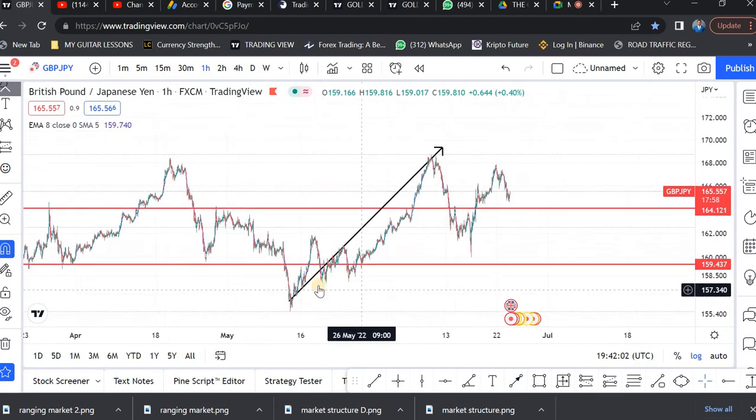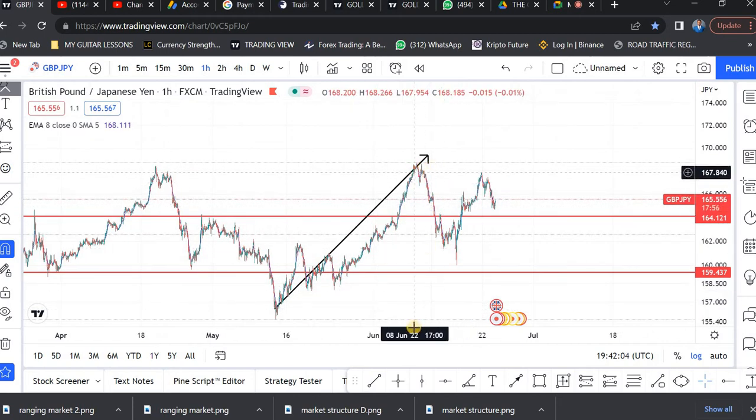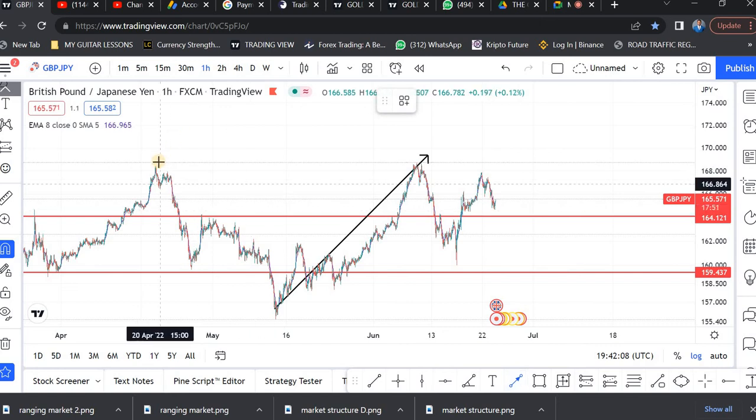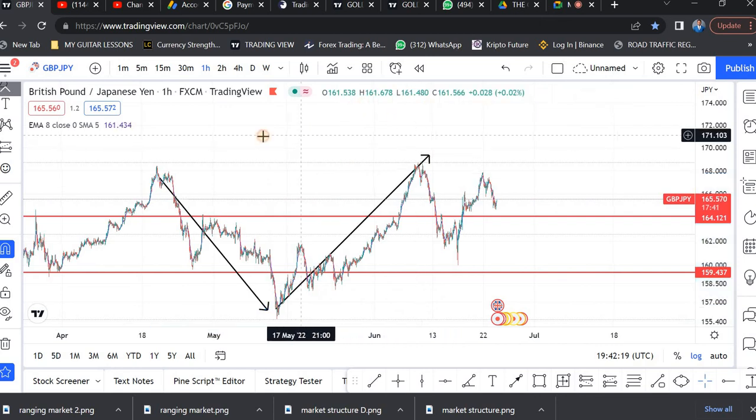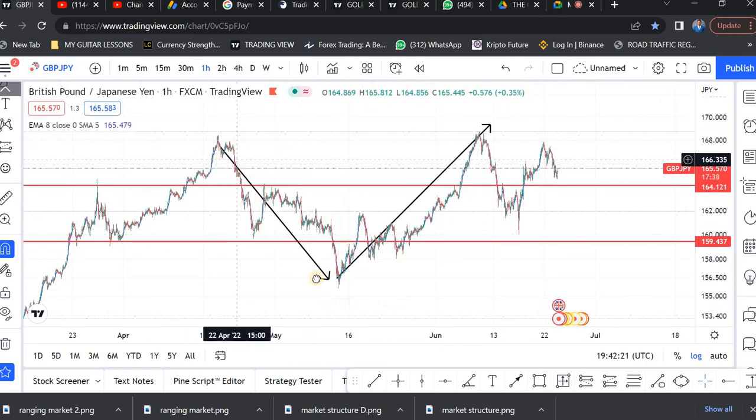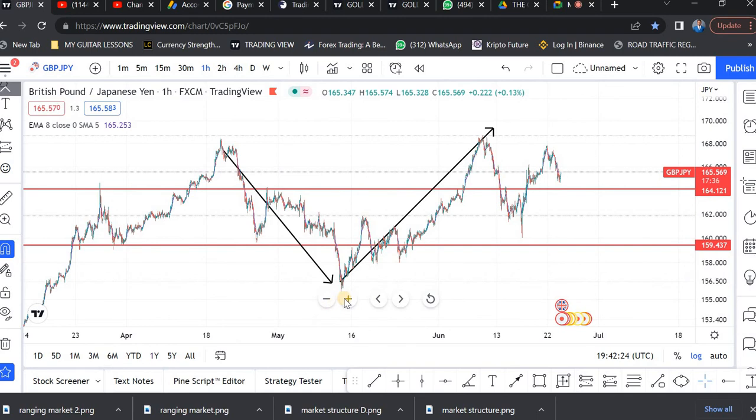Then from this point to this point, price was in a downtrend. As you can see, it moved from here down to this low, then moved from this low up here. From here to here it was a downtrend, then price moved from a downtrend into an uptrend.